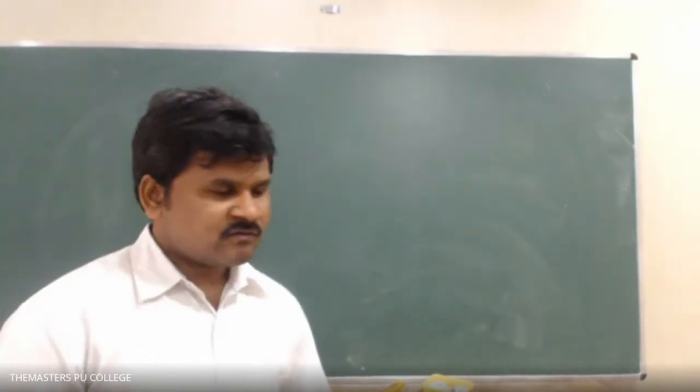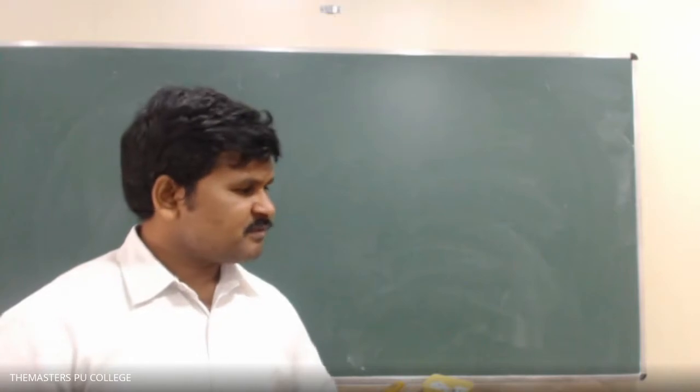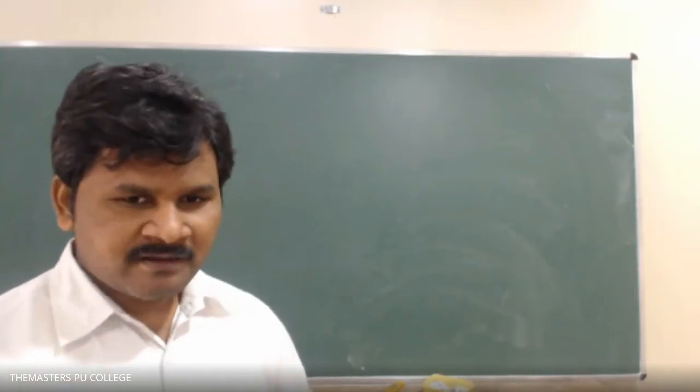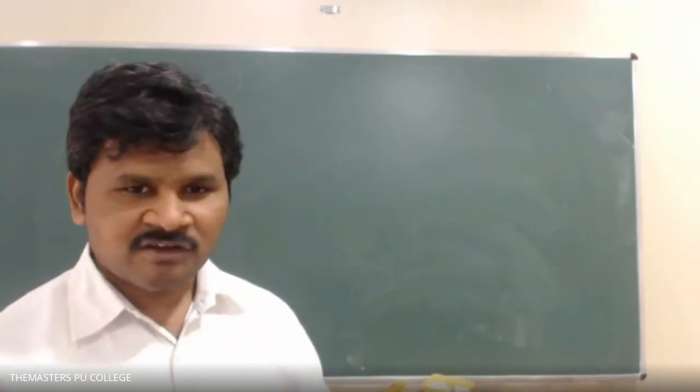Students, one question I will explain related to quantum numbers. Please write it down. In that we have a few sub questions; one sub question I will explain, the remaining you have to try.